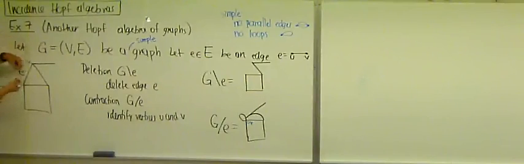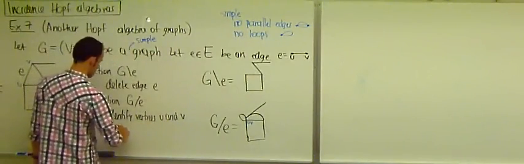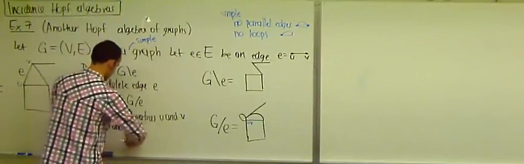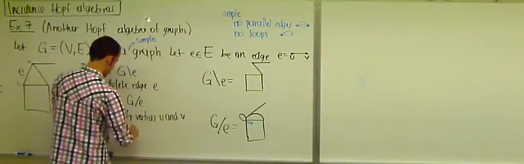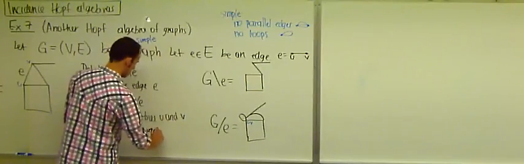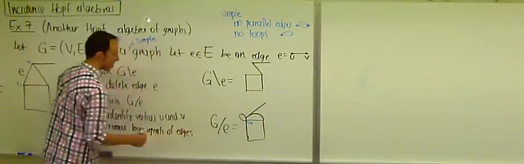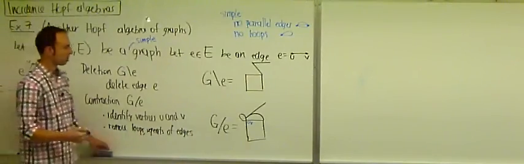I just contract the edge and make U and V be the same vertex. But because I don't want any parallel edges or loops, I delete repetitions of edges and I delete loops. So in my first step, I did this, but now I need to remove all loops and repetitions of edges.